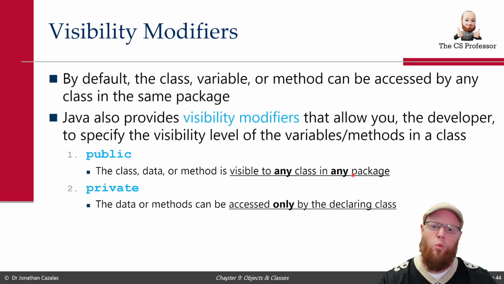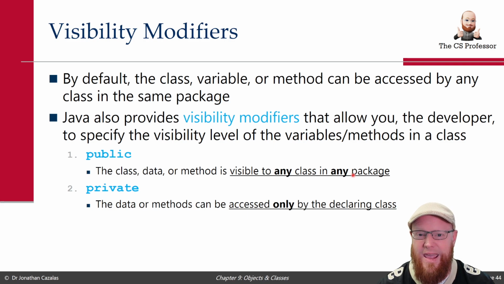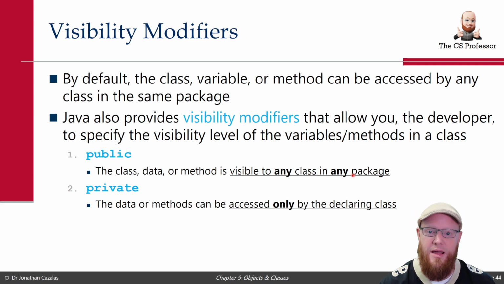So when you're making these packages, it's important to know that by default, a class, a variable, or a method can be accessed by any other class in the same package. And what do I mean by default here? Meaning if you don't mention the word public, or if you don't type the word private, that variable or class or method that does not have the word public or private on it can be accessed by any class in the same package.